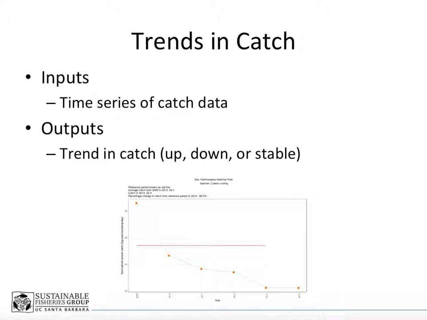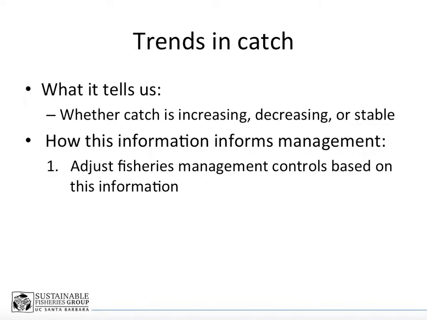In this figure here, you can see the catch is going down over time. What this tells us is whether catch is increasing, decreasing, or stable. How does this inform management? Well, we can adjust our management controls to hopefully combat whatever trend we're seeing that seems undesirable. Or we can simply let things stay if things are getting better or stabilizing.